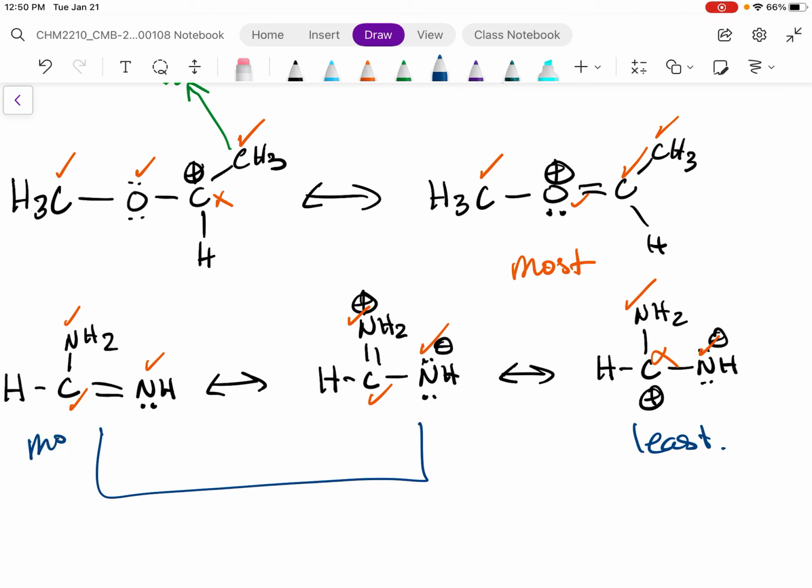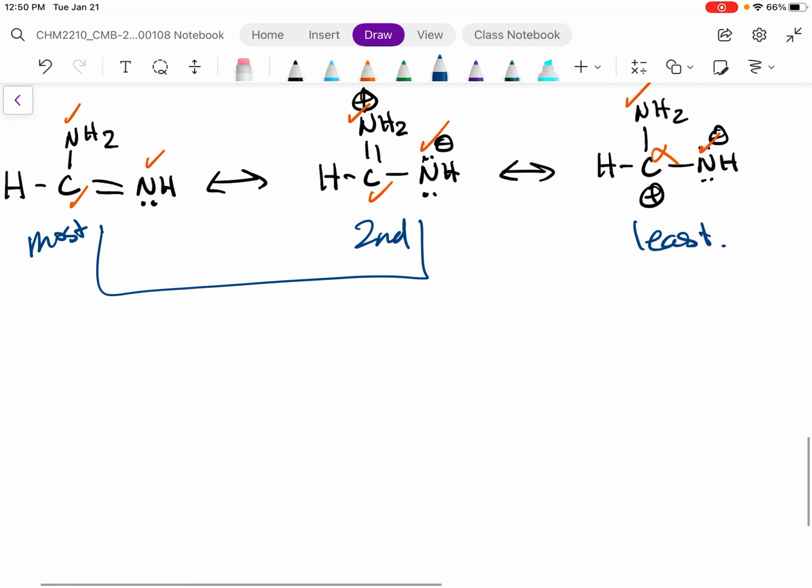So this is the most significant. And then that's the second most significant. And then the third one is the least significant. All right? Make sense? Okay, rule 3. CH3.